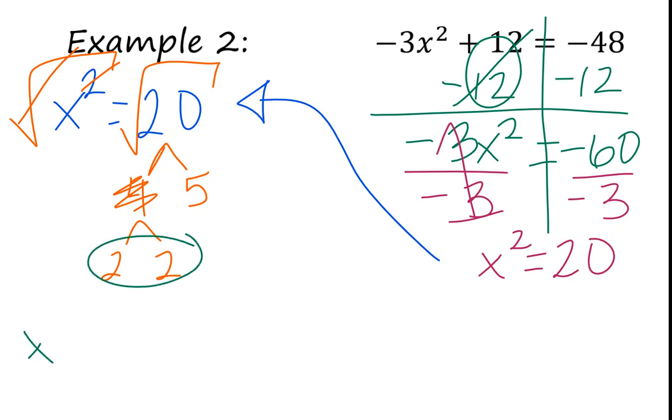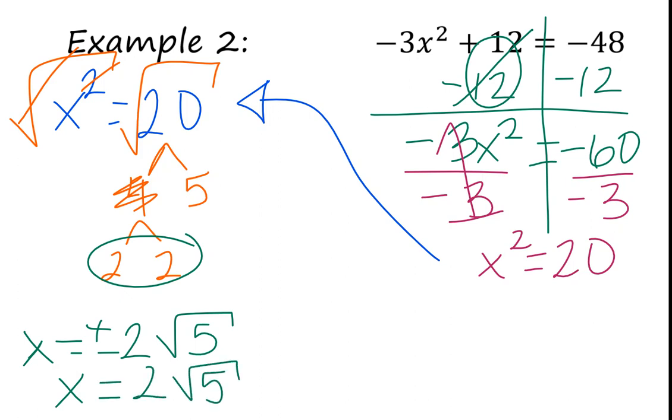So x is going to be equal to 2, and the 5 didn't get circled, so it stays underneath the square root symbol. I have a positive and I have a negative. You can also write it as x equals 2 square roots of 5 and x equals negative 2 square roots of 5.